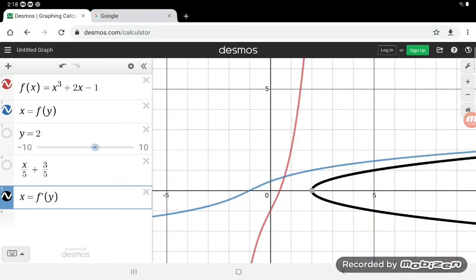So you can kind of do some calculation with it, and it says what's f prime at 2. According to this, oh well, that's not so good.